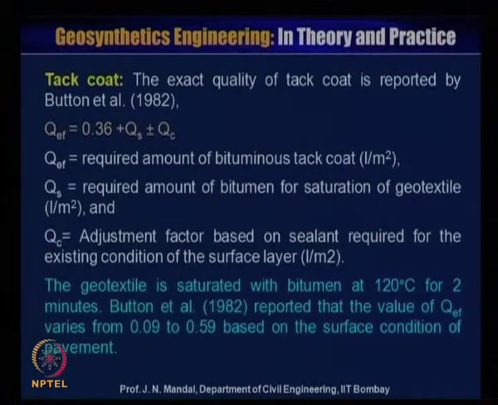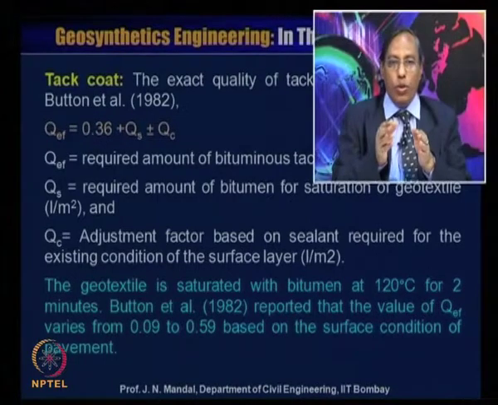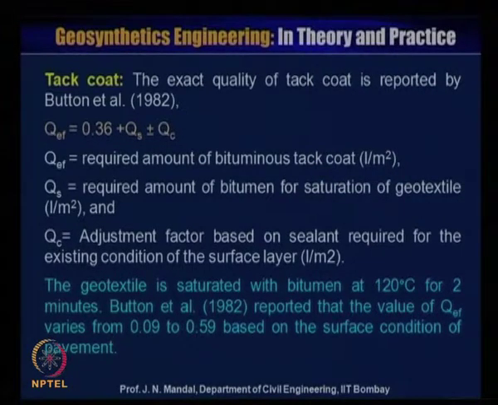Tack coat: the exact quantity of the tack coat is reported by Walton et al. 1982. It is very important what quantity of tack coat you should use for your design. So, here Walton gives the equation QA = 0.36 + QS ± QC. Here QA is the required amount of bituminous tack coat, in liter per meter square.